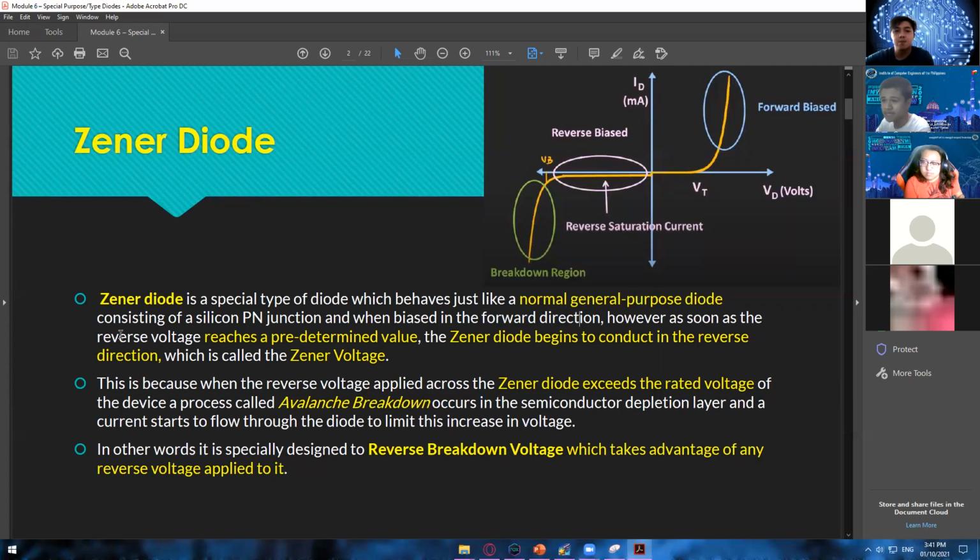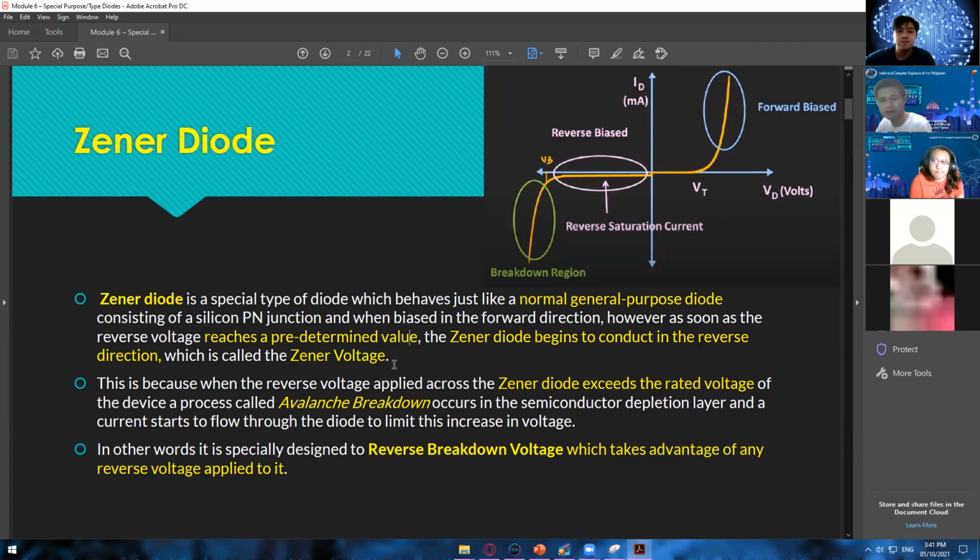However, as soon as the reverse voltage reaches a predetermined value, the Zener diode begins to conduct in the reverse direction. So the only special thing here is that once a certain voltage is reached, this predetermined value, it starts to conduct in reverse bias mode.